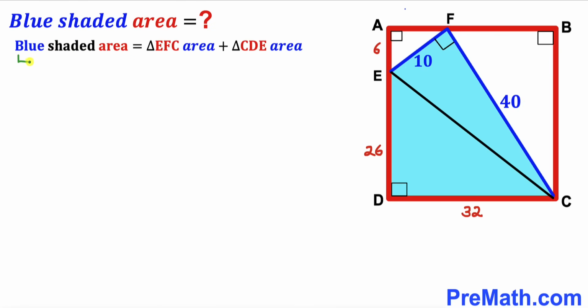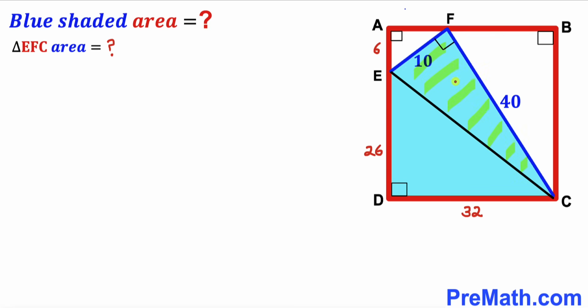This blue shaded region area is going to be equal to the sum of these two triangle areas: the triangle EFC area plus the other triangle CDE area. So therefore now our task is to calculate the area of the triangle EFC and the area of the other triangle CDE as well.